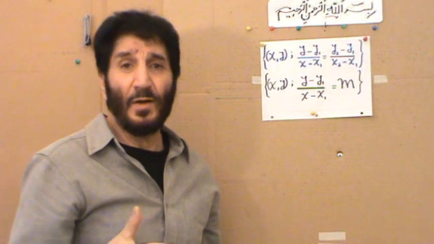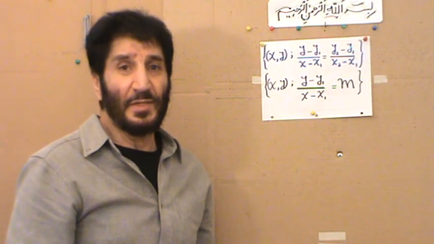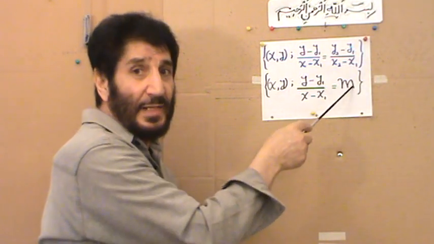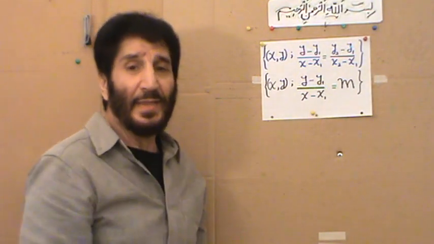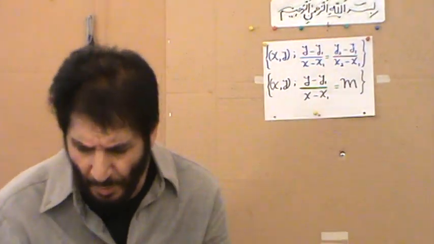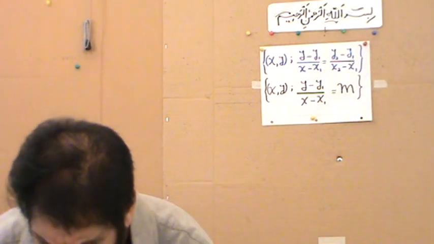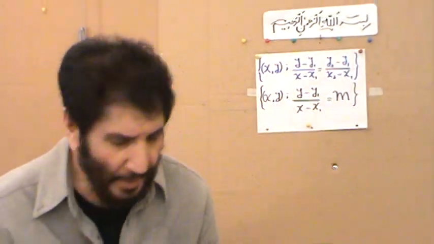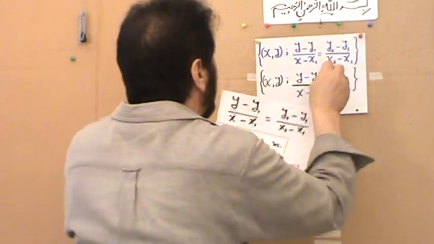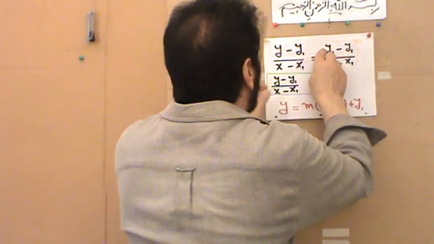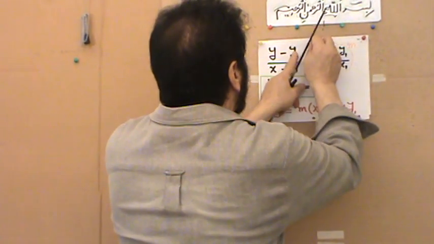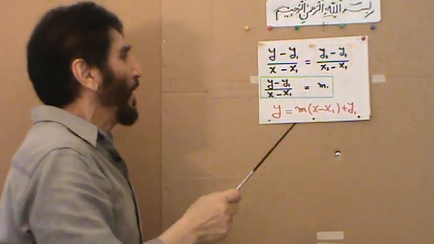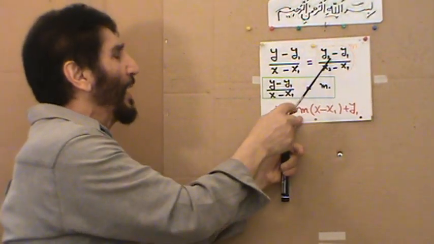Now, there is another way we can do it, which is we can also multiply both sides by x minus x1 in this case, or cross multiply, and then we come up with another formula that we can call the point-slope form of a line. So let me also put that one on the bulletin board that I have. So this one I have already explained.